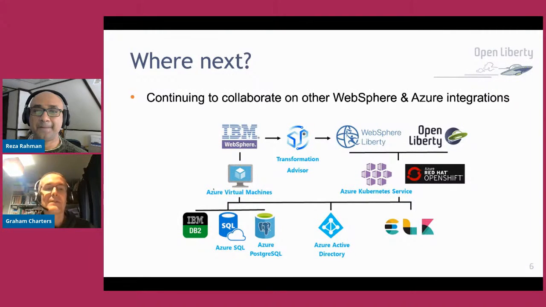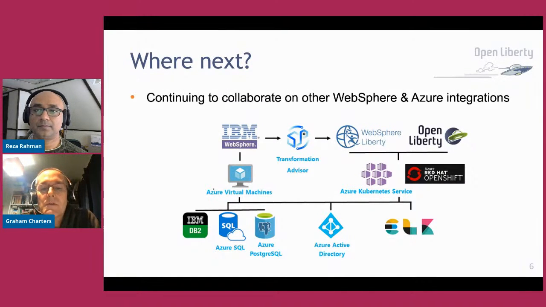Okay, so in terms of where next, Reza mentioned that we're looking to do more around the collaboration. We have this view of the ideal, where we have customers who use traditional WebSphere and they're deploying on-prem today in virtual machines, and they're looking to modernize those applications to Liberty, either WebSphere Liberty or Open Liberty. And what we'd like to do is enable that experience.